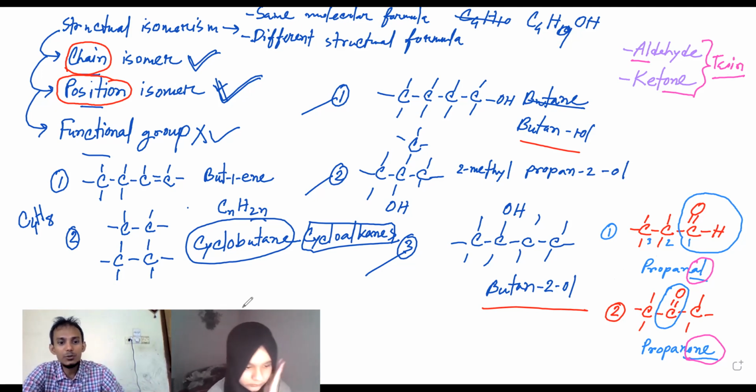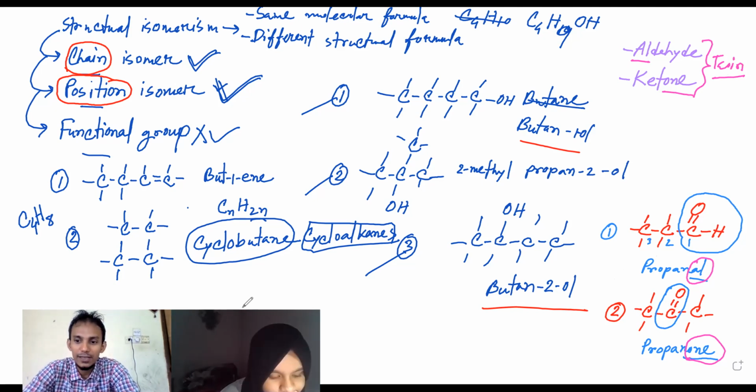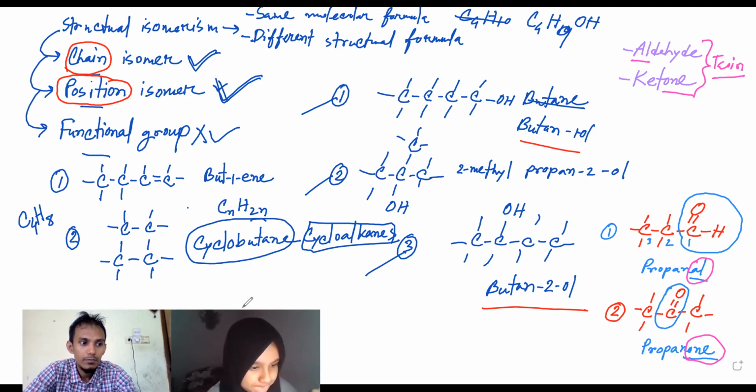Again, isomers are basically like twin brothers and sisters in our society. They look the same, they have the same molecular formula, but different structural or displayed formulas. The displayed formula is different, but the molecular formula is the same.